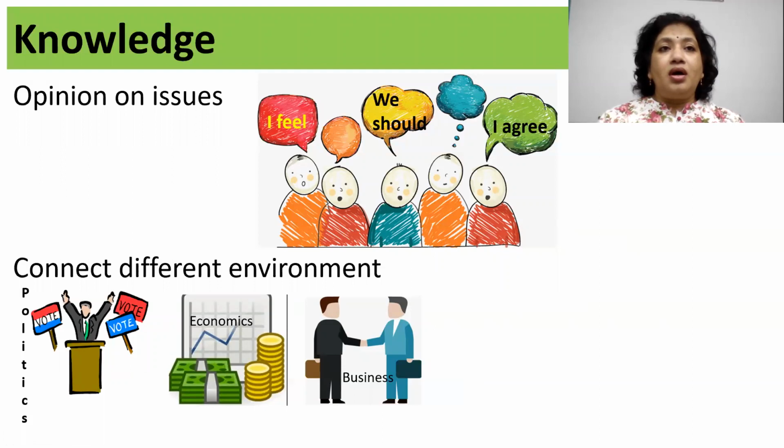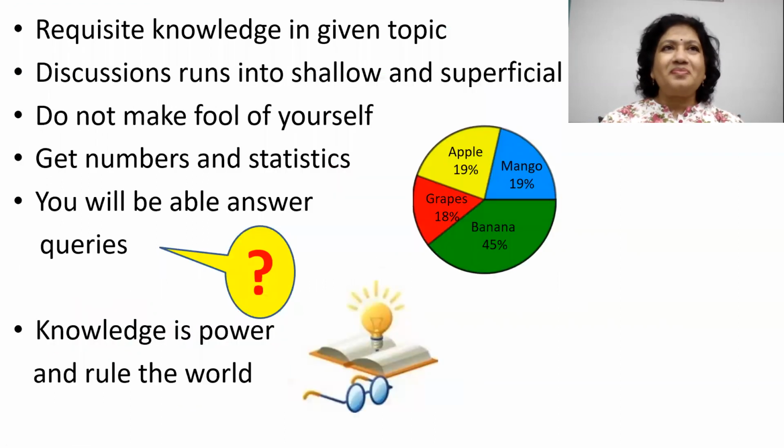So you have to know the environment based on the content. Now, if you do not have the requisite knowledge of the topic, your group discussion will go superficial and people will come to know that you do not have the knowledge. So that is why I've written, do not make a fool of yourself.